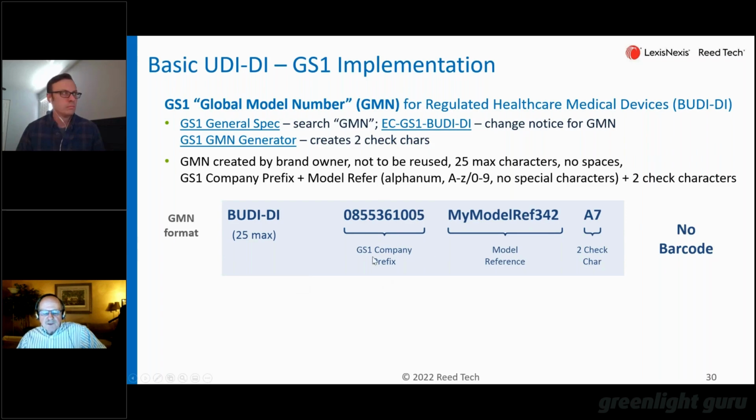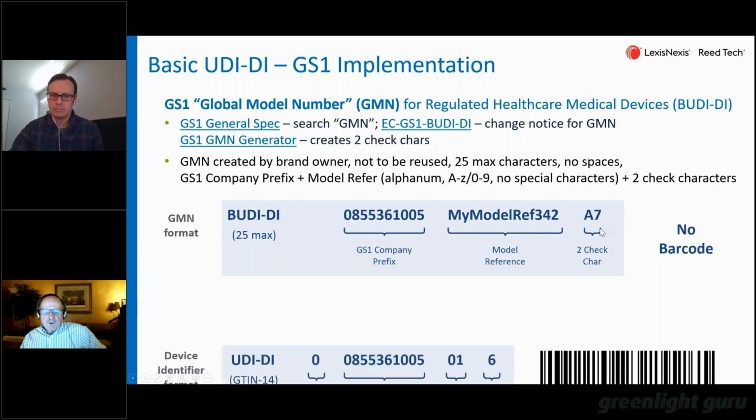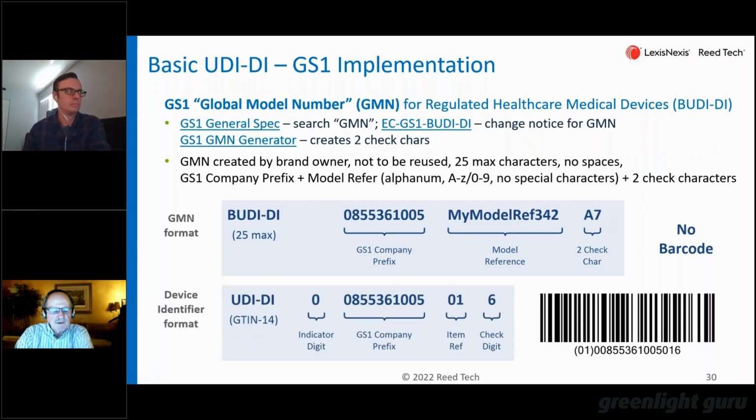It has that 25 maximum character length. The first field is a company prefix, so you should be familiar with that. Then there's a model reference, which you make up on your own. And now there are 2 check characters at the end. So that's quite different. I'll show a contrasting bit of information down here on the individual device identifier.